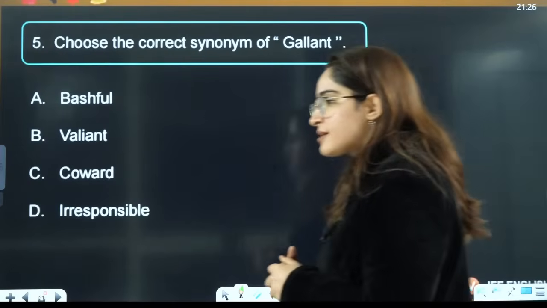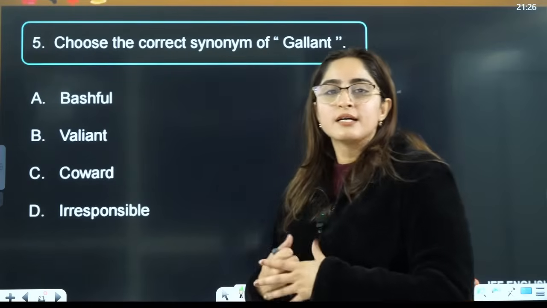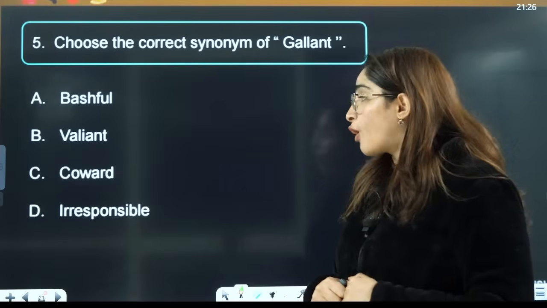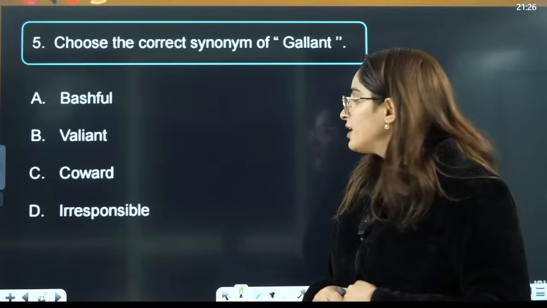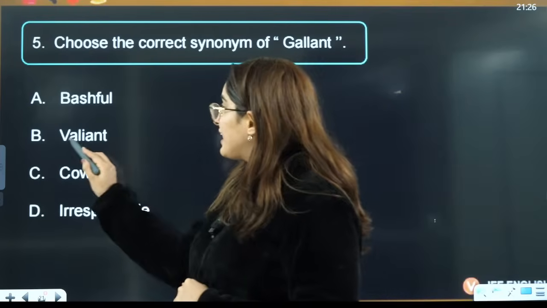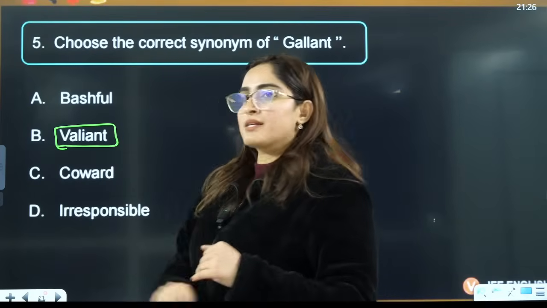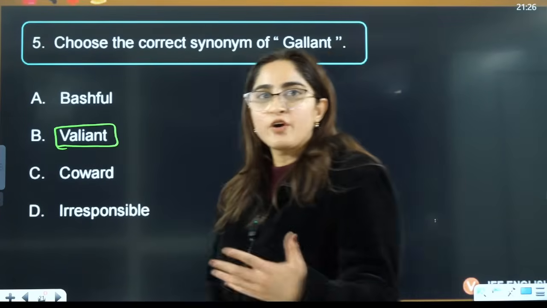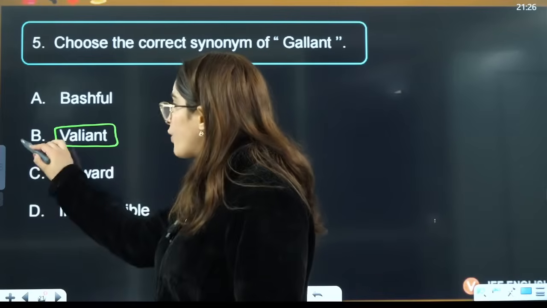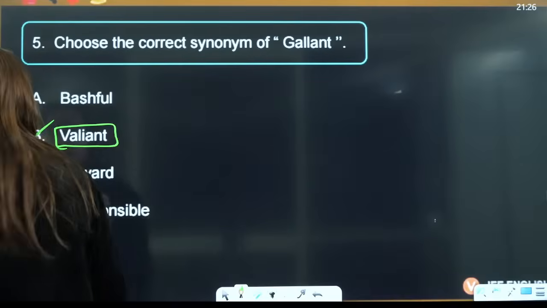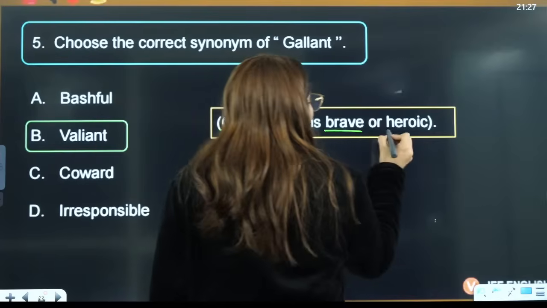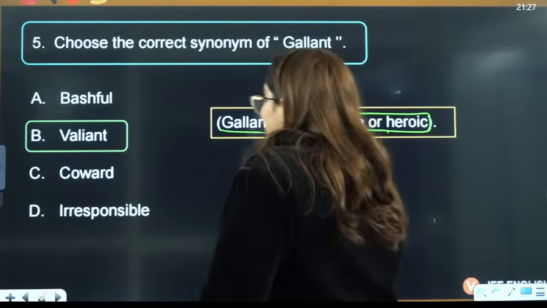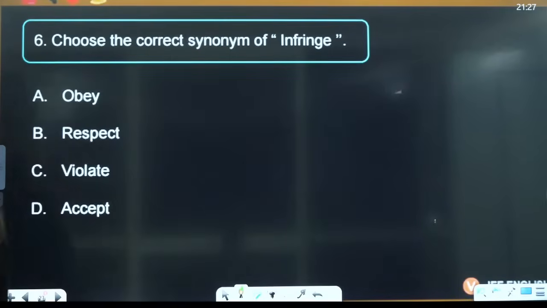Gallant means someone who is heroic, someone who is not a coward, not irresponsible, not bashful. Who is valiant. Valiant also means like a hero. So B is the correct answer, valiant. Gallant means brave or heroic here.